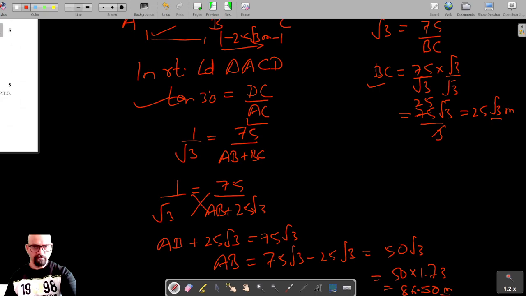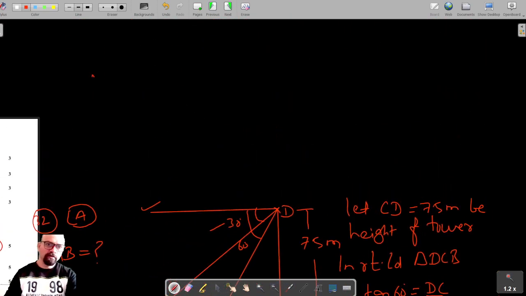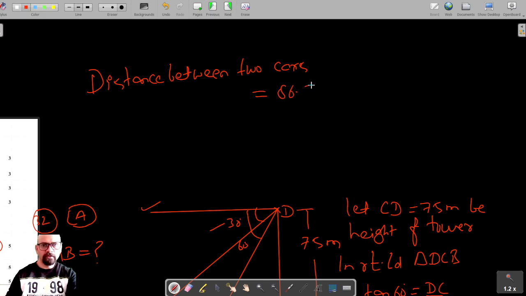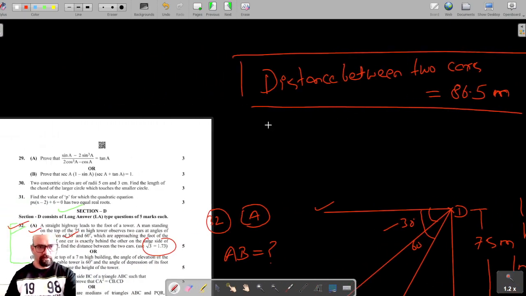So 86.5 meter is the distance between the two cars. And finally, we can write that distance between two cars is equal to 86.5 meter. Okay, so this is our final answer for part A.